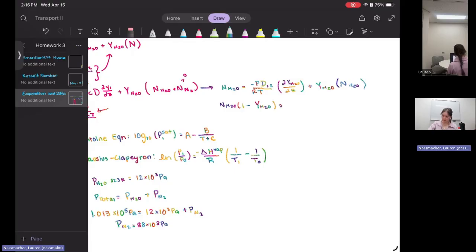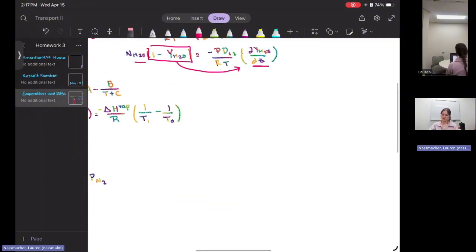YH2O, and that's equivalent to negative pressure times diffusion coefficient over constant multiplied by temperature times the partial derivative of our YH2O over dz. I would like this dz to come over to this side, and this 1 minus YH2O to go over this side so that the derivative can be taken.